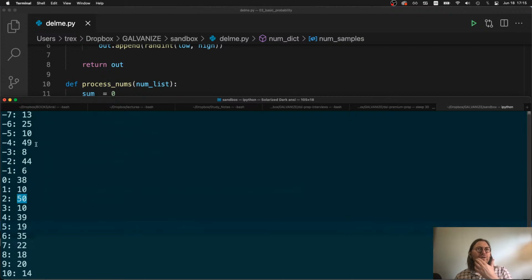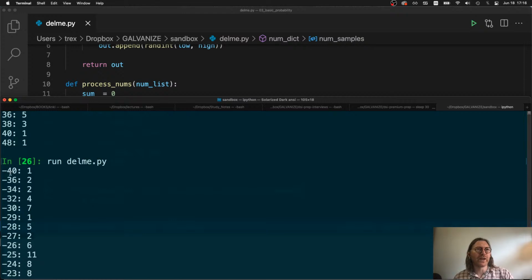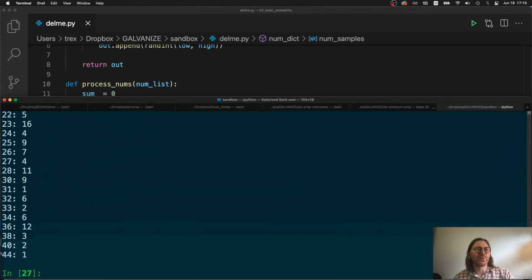So we have this kind of bumpy thing happening, which I think is kind of neat. I think that is a byproduct of evens getting added and odds getting subtracted. And of course, once we get out here in the wings, the frequency of these occurrences is a lot less, which I don't think should be too surprising.